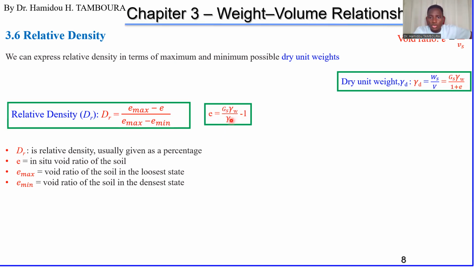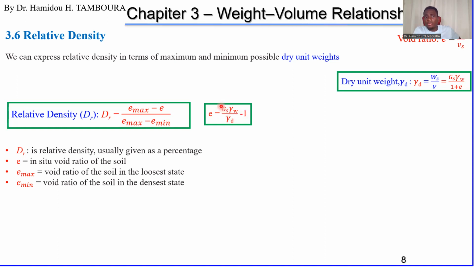It says that the void ratio E is obtained by taking the specific gravity multiplied by the unit weight of water, dividing this by the dry unit weight, and then subtracting 1.